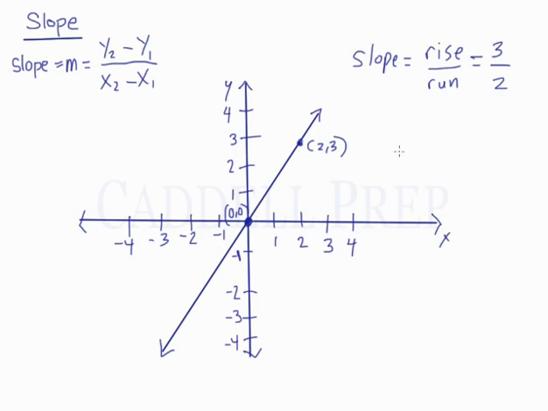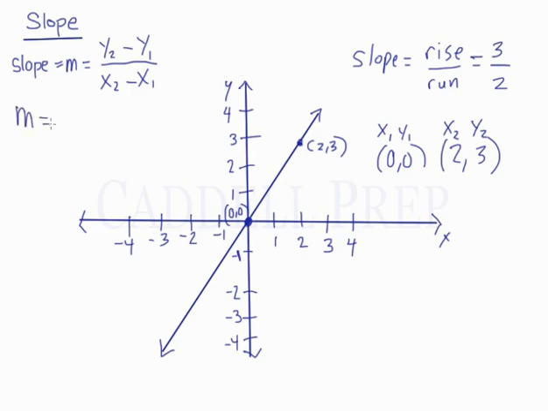So we have these two coordinates, 0, 0 and 2, 3. Okay, we'll make 0, 0 our first coordinate pair. So we have x1, y1. And we'll make 2, 3 x2, y2. So now we just substitute this back into the equation.